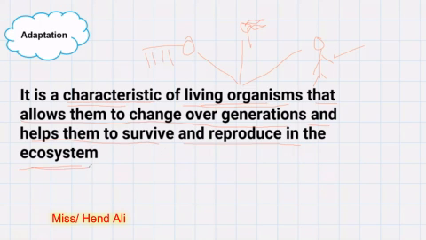What is the meaning of ecosystem? Close your eyes and imagine a jungle. What can you see? I can see trees, animals, soil, air, plants, birds, maybe insects. Is that an ant?